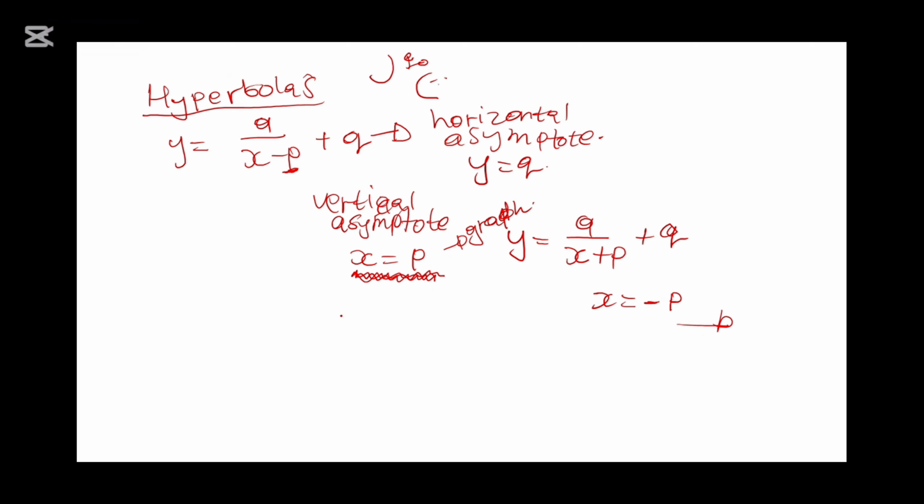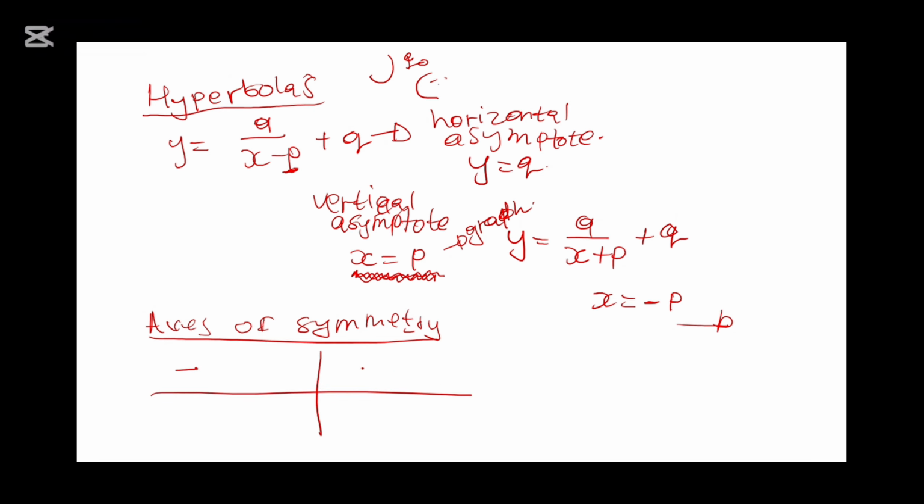And also for the hyperbola, when you are looking for the axis of symmetry, we have a positive gradient or a negative gradient.